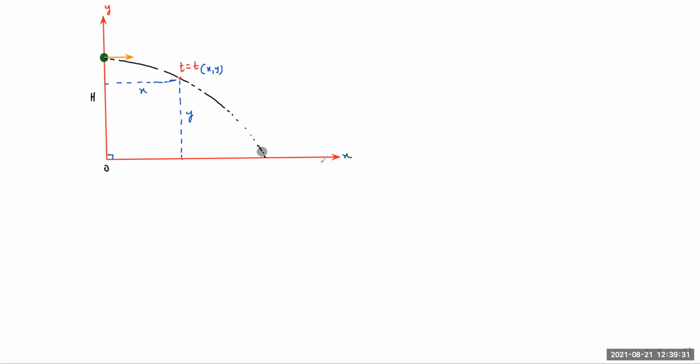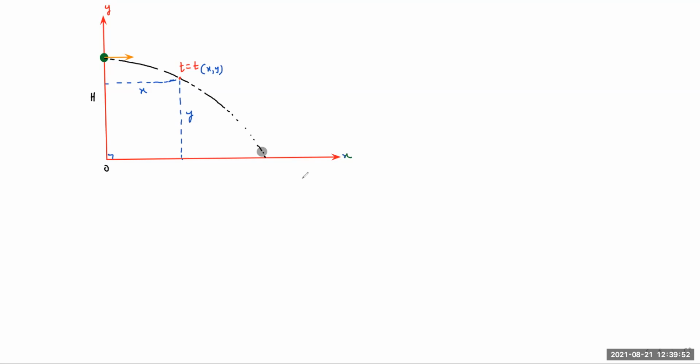So can you tell me what is x as a function of time t and what is y as a function of time t? Can you find? Sir, what to do in this graph?